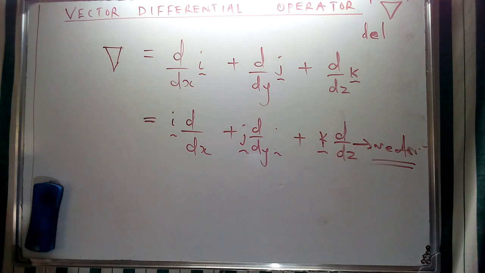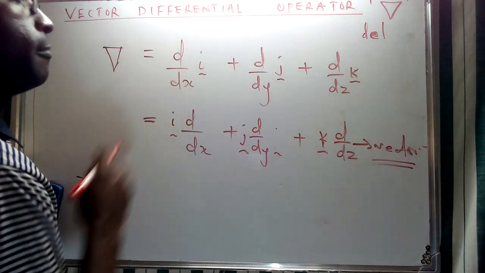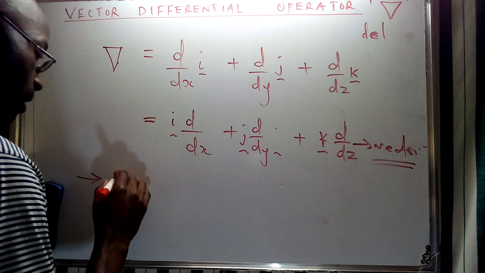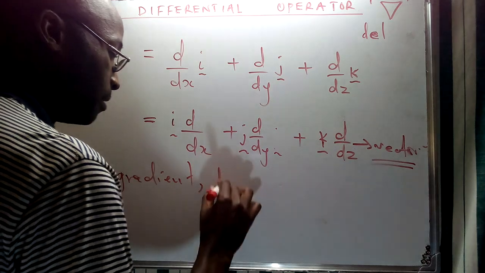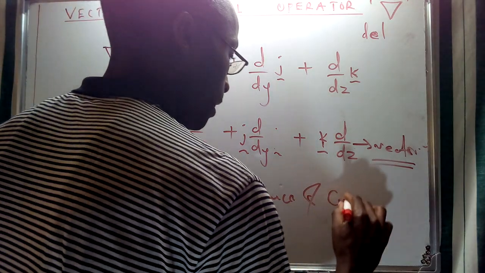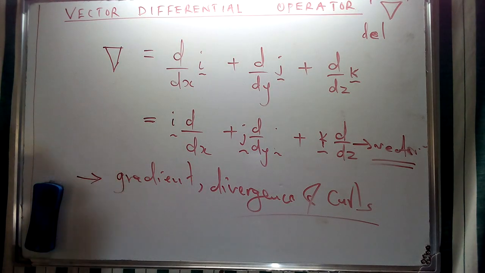This is known as the del. So we're going to find wide applications of this differential operator, especially, as I said, in trying to describe what we call gradient, divergence, and what we refer to as curl, which of course are going to assist us to describe these various areas of application, especially in electromagnetic theory, trying to describe the rotational properties of vector fields.